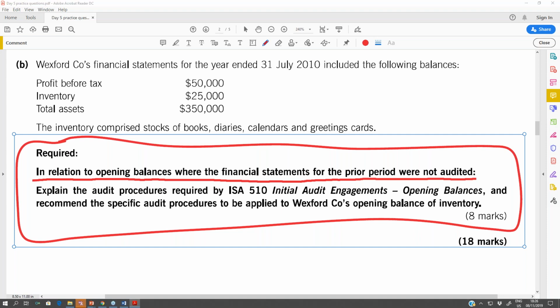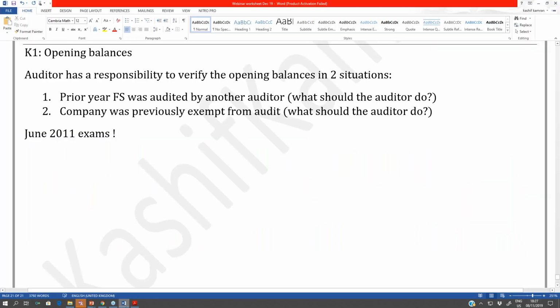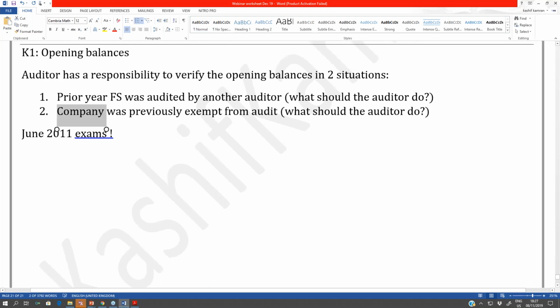And just now we got two situations: when the prior period was audited by another auditor and when the company was previously exempt. So which situation is the examiner testing in the June 11 exams? If I can get your quick answers. The second situation, right? When the company was previously exempt from the audit.